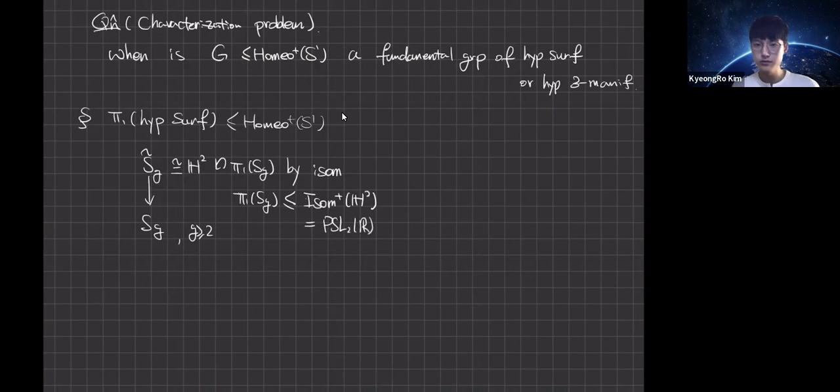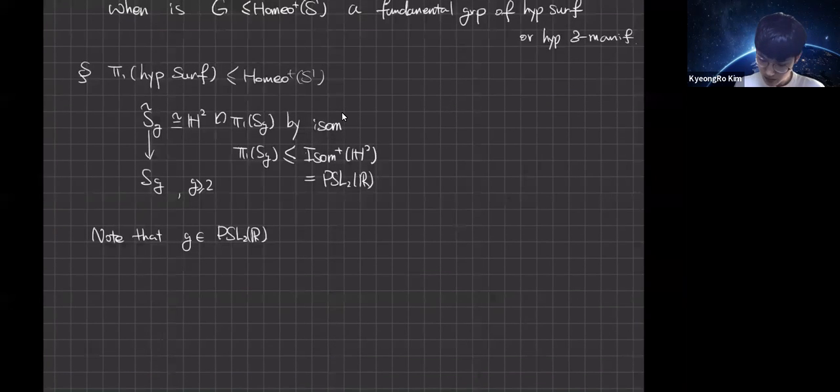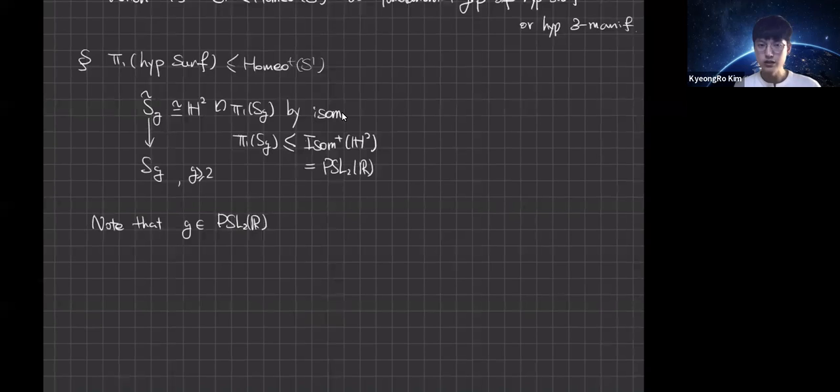So now note this: given g in PSL2R, we can think about the continuous extension into the Gromov boundary of the hyperbolic plane.